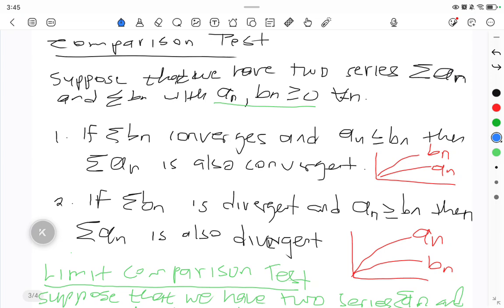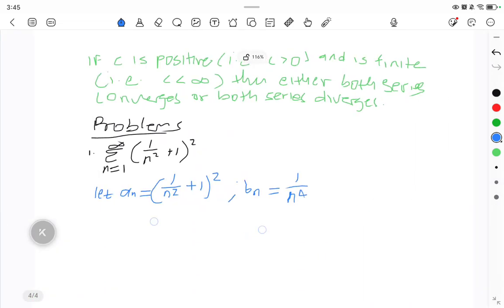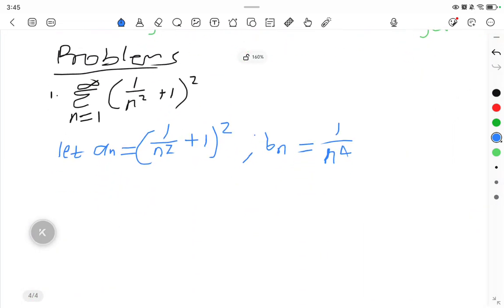If an is less than bn, I'll focus on the convergence. So here's how I'm going to do it. Let's check. Is an, you remember an is what? Is equal to 1 over (n squared plus 1) squared. Is it greater or less than this one? Let's see, is it greater?